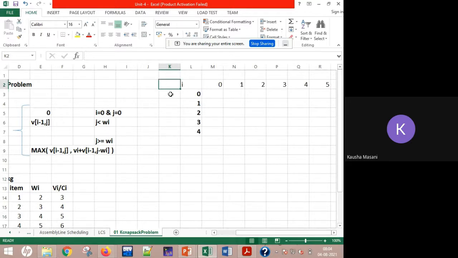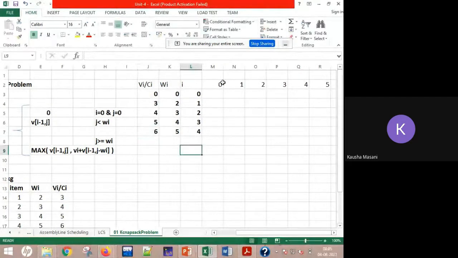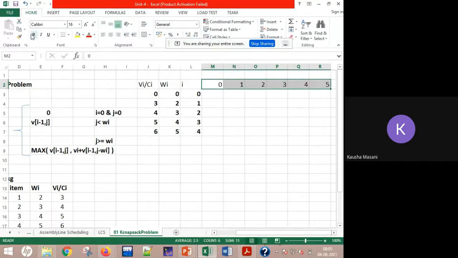Now the weights Wi. For 0, nothing, but for the remaining ones you can record your weights: 2, 3, 4, and 5. And their cost values V of i or C of i: 3, 4, 5, and 6. This is how you prepare the table first.